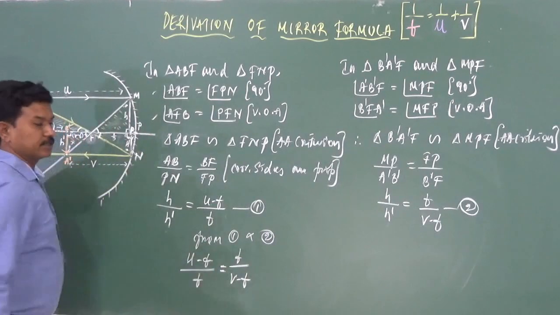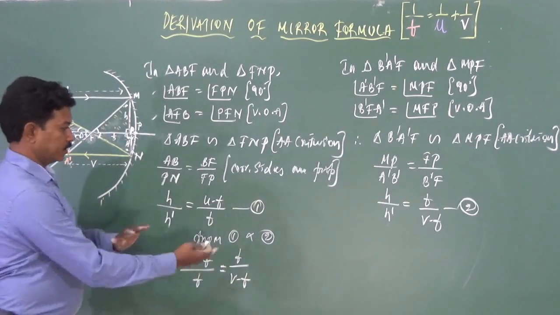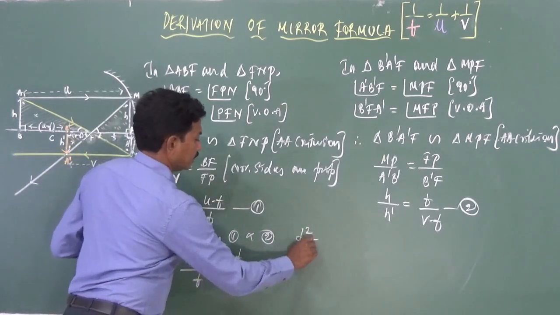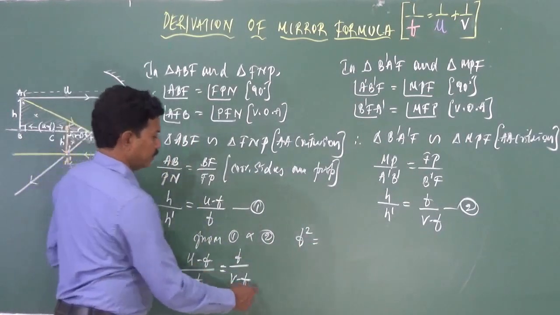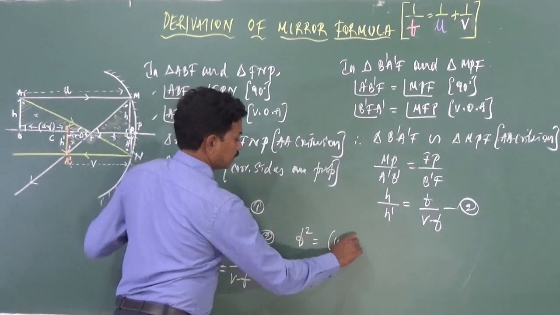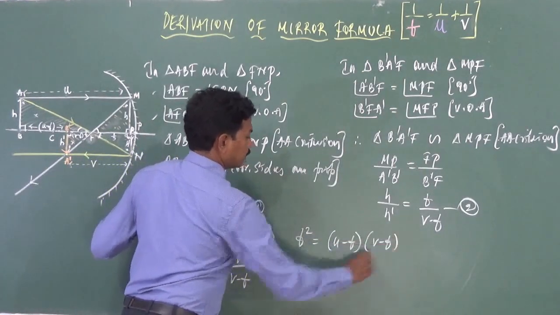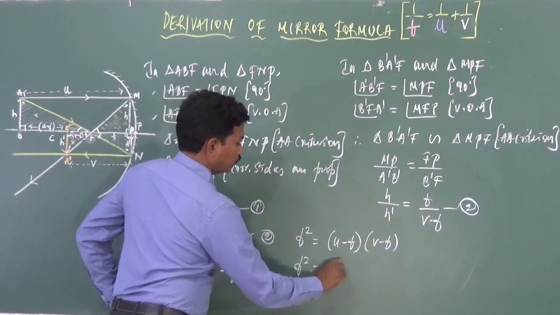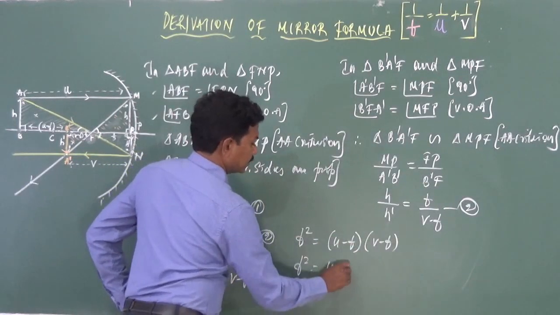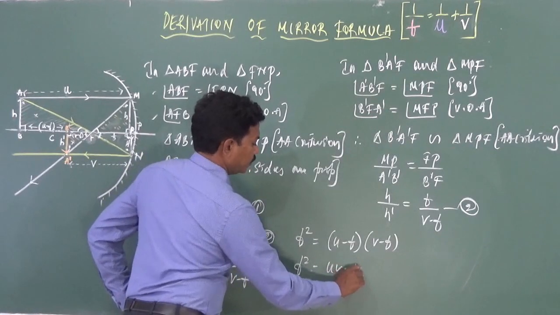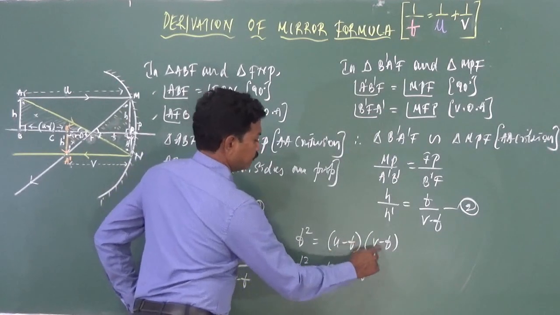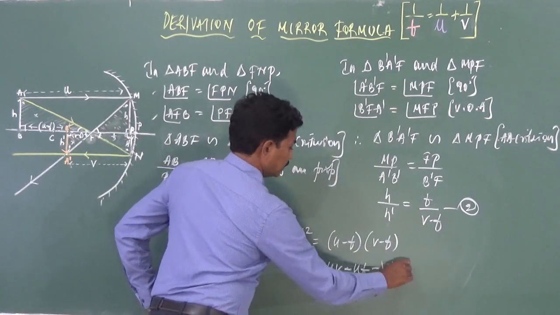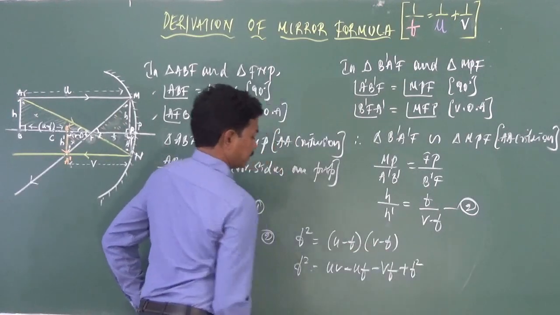So two fractions are there in between equals, so we can go with cross multiplication. F into F is F square is equal to U minus F into V minus F. So F square is equal to U into V is UV, U into minus F is minus UF, minus F into V is minus VF, minus F into minus F is plus F square.